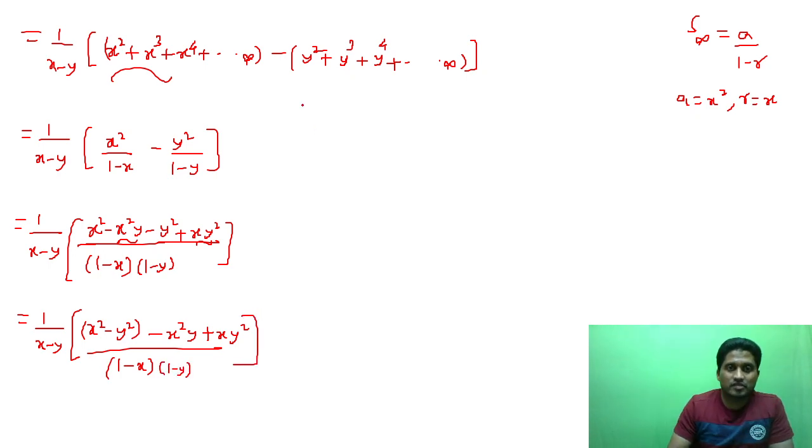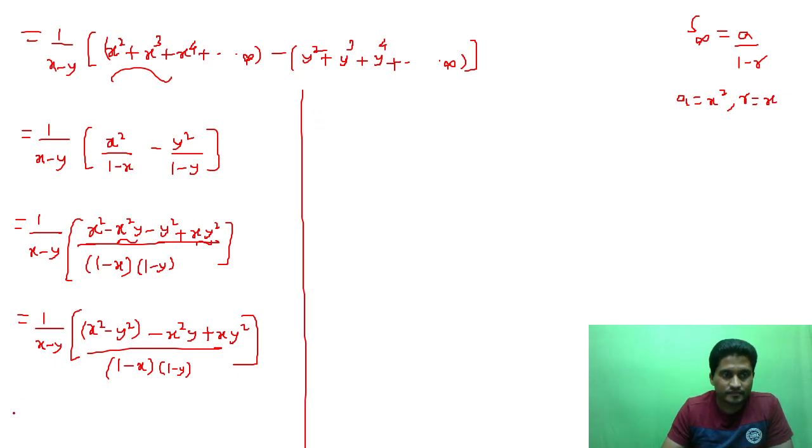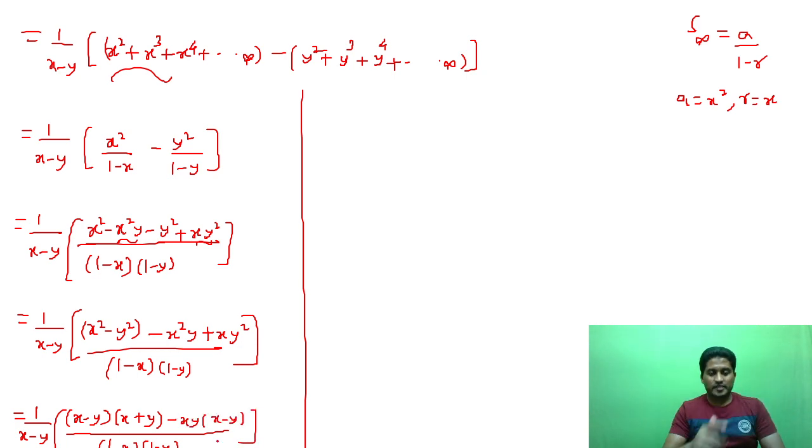So now this is equal to 1 upon x minus y into a bracket. Denominator will be equal to 1 minus x into 1 minus y. Numerator x square minus y square can be written as x minus y into x plus y. I'm going to take xy common, so this becomes x minus y. You take x minus y common and cancel.